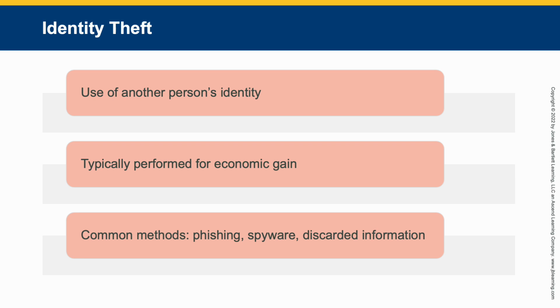The names and the locations are changed, for us to understand in more depth how a computer crime or digital crime happens and what possible steps, if taken, can prevent it. So again, phishing, spyware, discarded information, I suggest you look into that very carefully when you're reading the material that is provided to you.